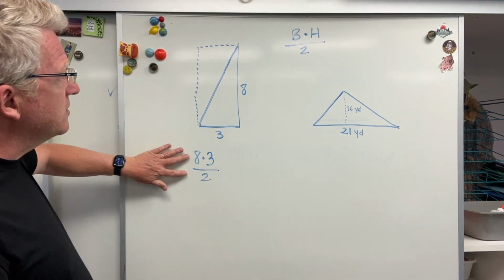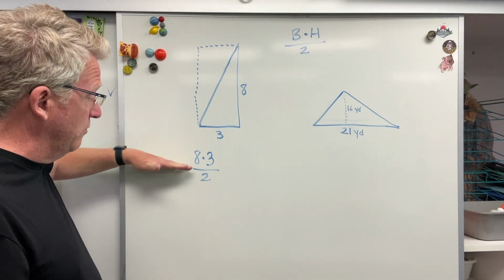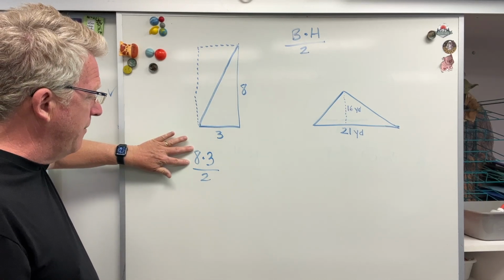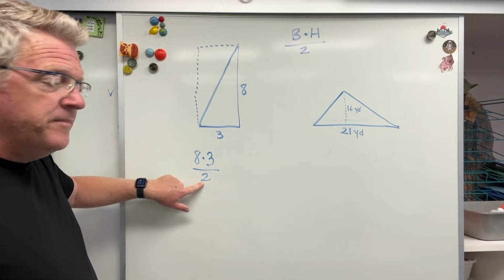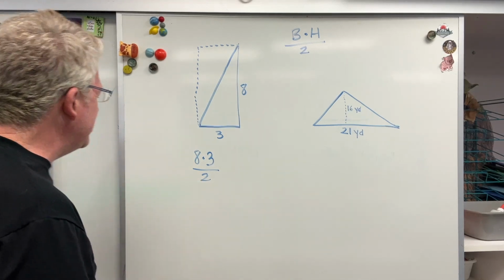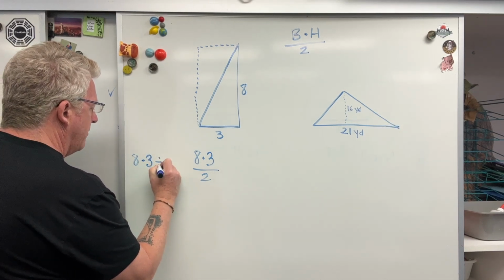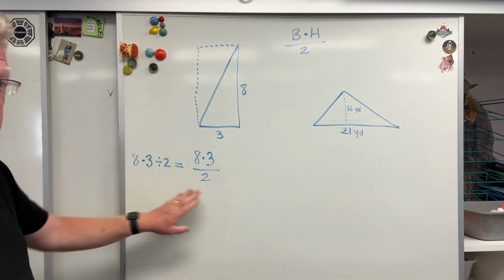And I know that this looks a little strange to have it almost set up like a fraction, where you've got this fraction bar and then the product 8 times 3 above and the denominator 2. This is the exact same thing as saying 8 times 3 divided by 2. Those are the same equivalent expressions.